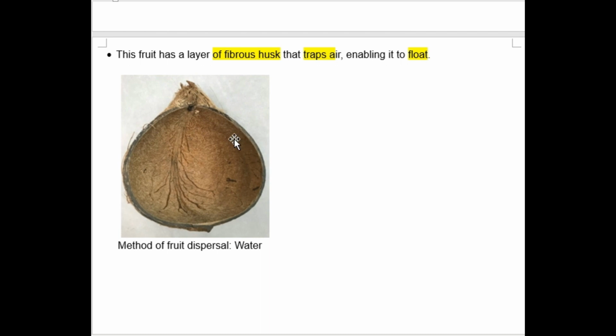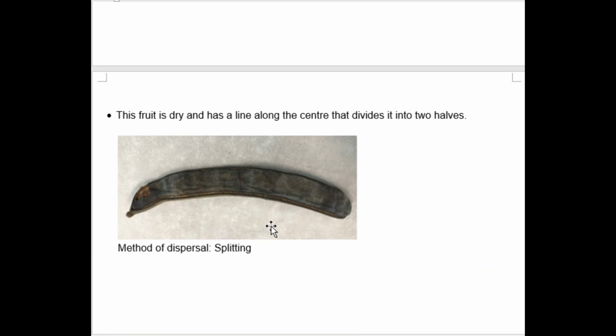Method of fruit dispersal: water. This fruit is dry and has a line along the center that divides it into two halves. Method of dispersal: splitting.